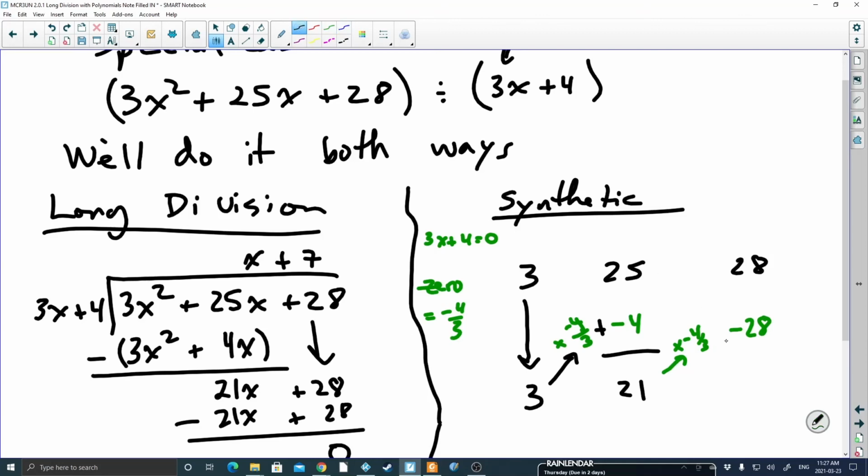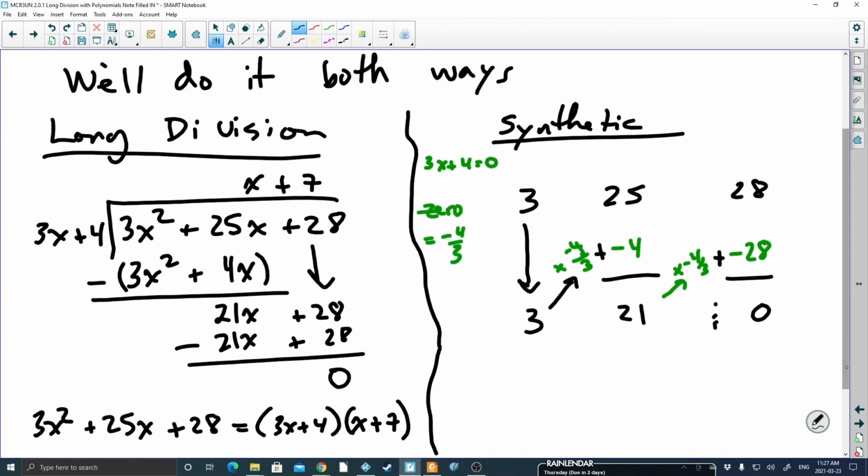And lo and behold, once again, adding down, I almost made the mistake, I'm going to get a 0. And there's my same remainder as I got over here. The problem is, if I look at these two coefficients, this is giving me 3x plus 21, which is not the same as the x plus 7 that I got as my answer.